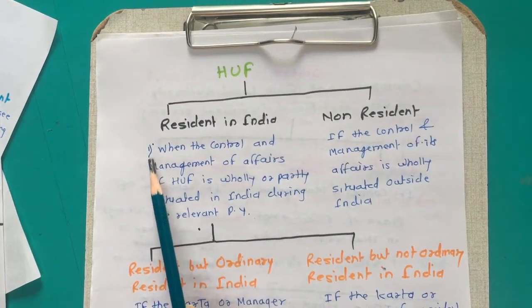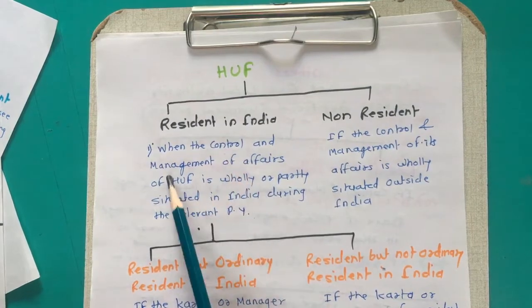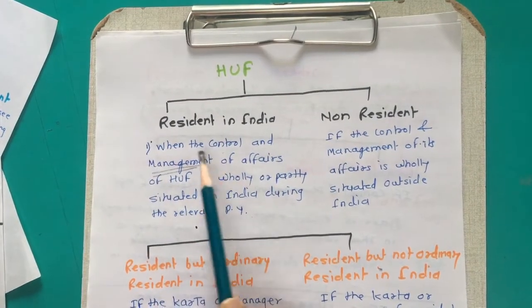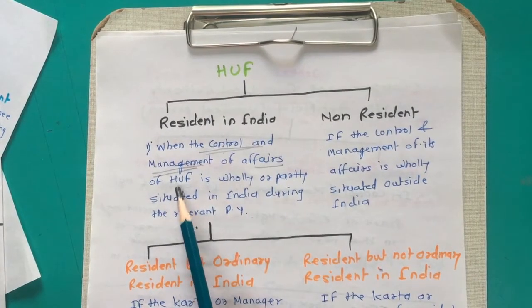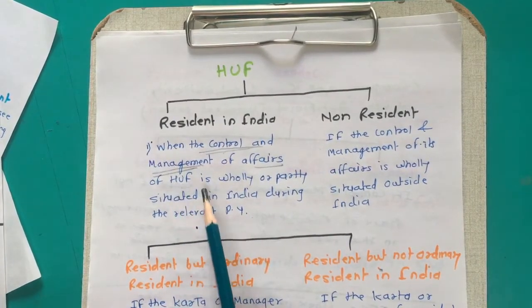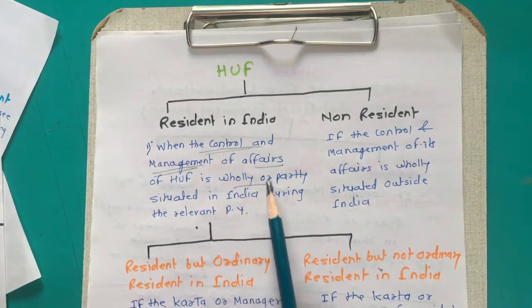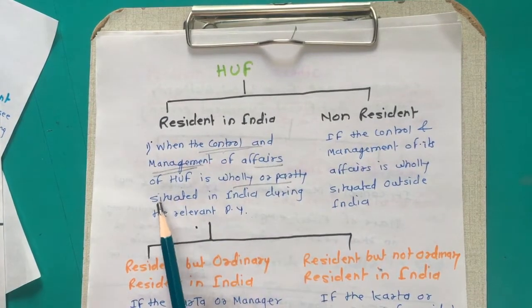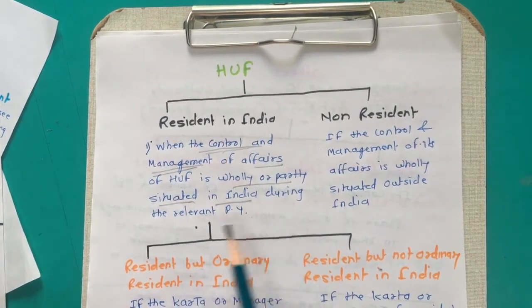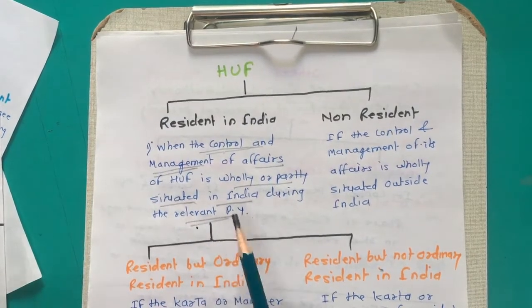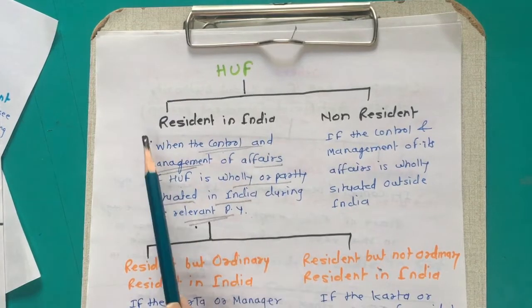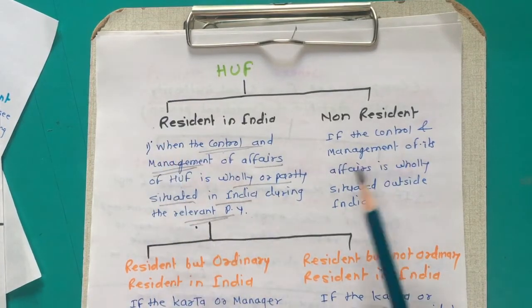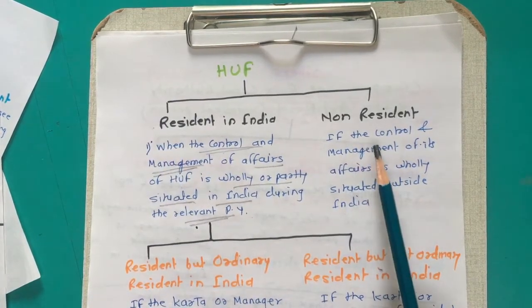First, when the control and management of affairs of a Hindu undivided family is wholly or partly situated in India during the relevant previous year, such Hindu undivided family is treated as resident in India. Non-resident, what is the meaning of non-resident?